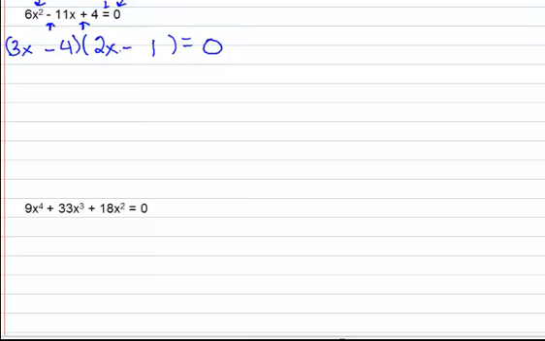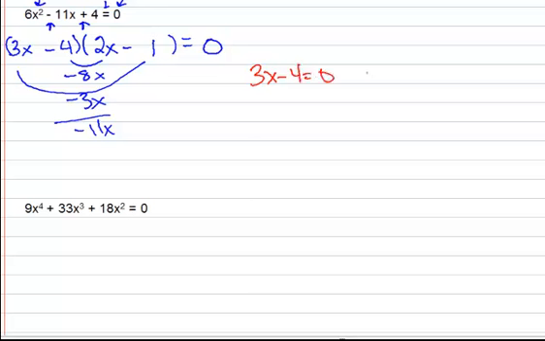So when we do the math here, negative 8x, negative 3x, there's my negative 11x, so I know I've chosen my numbers well. And now all I have to do is take each factor and set it equal to 0 and solve.